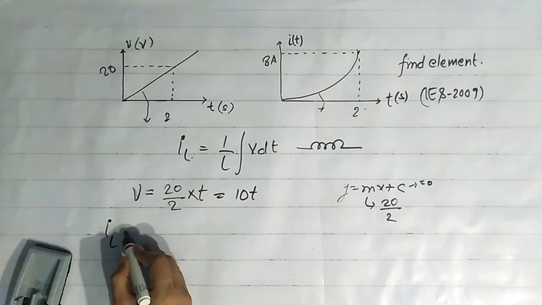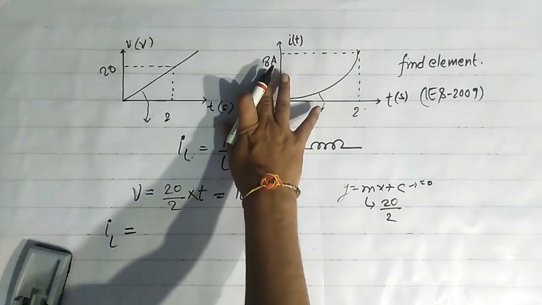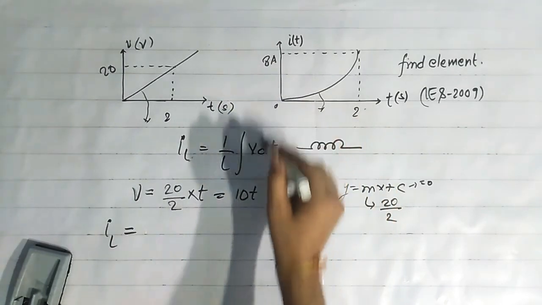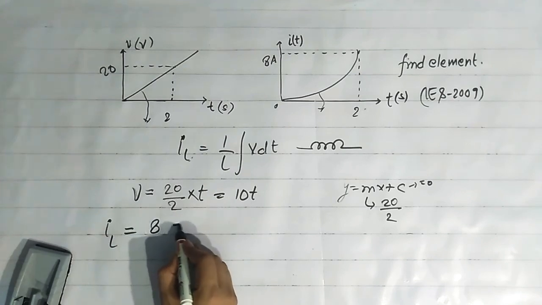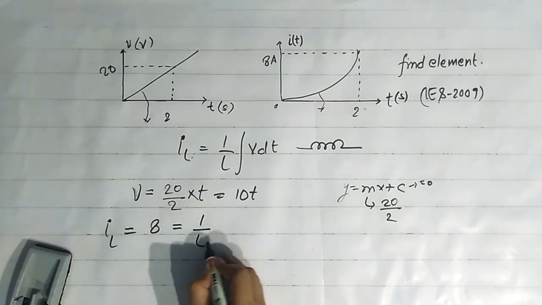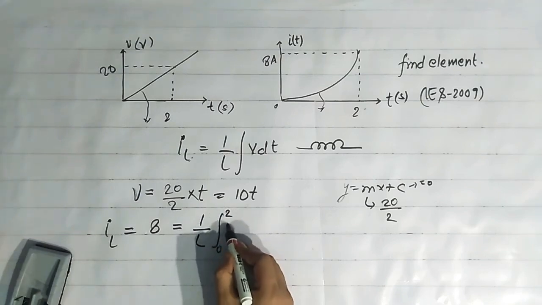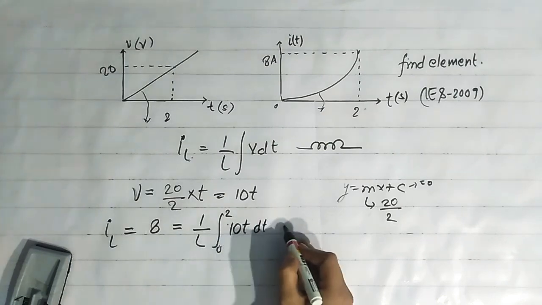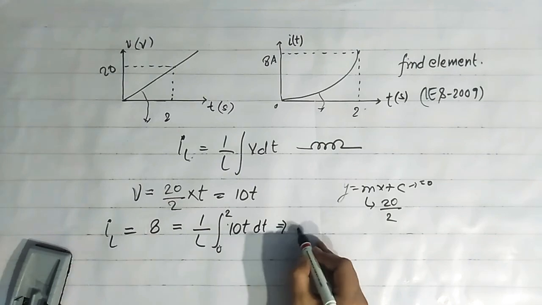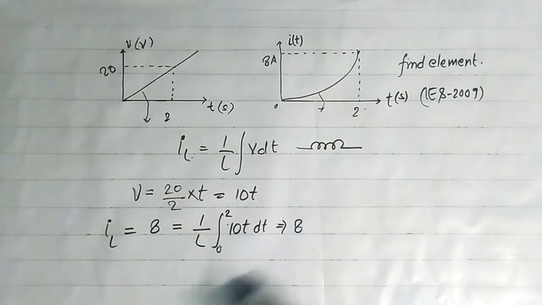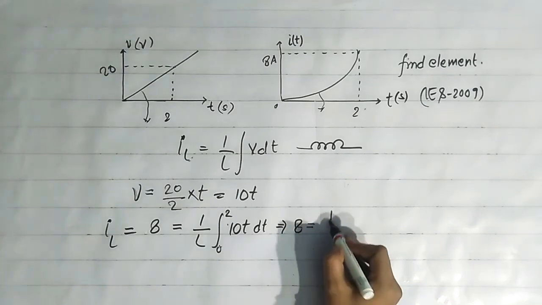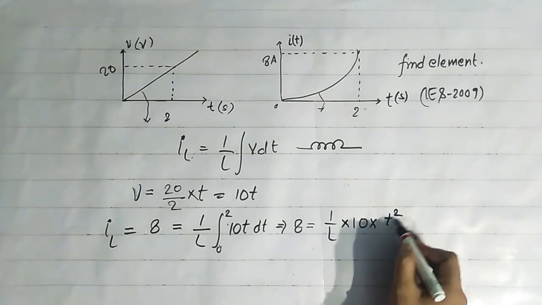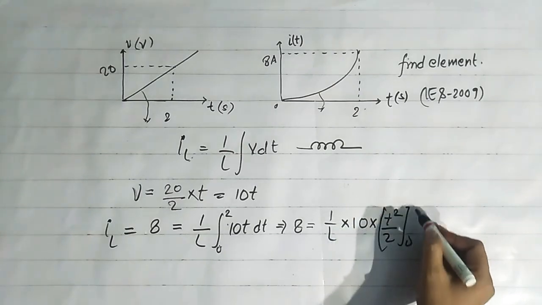Now find the integration IL. Finally this current IL reaches the value 8 ampere in 2 seconds. So we can write IL is equal to 8 ampere, 1 upon L integration 0 to t V dt. What is the voltage? That is 10t dt. So on integrating this we get 8 is equal to 1 by L into 10 into t square by 2, limits 0 to 2.